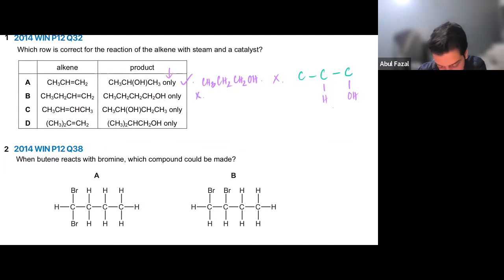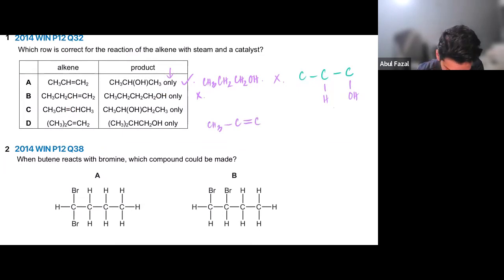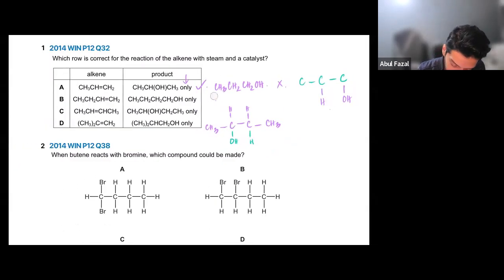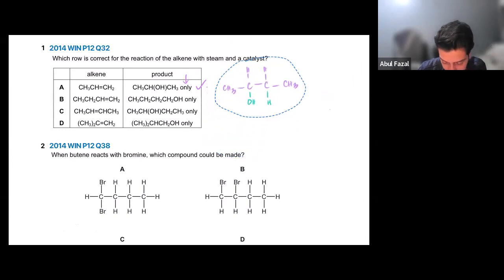C is interesting. It's pretty cool to look at C, which is CH3, C double bond, CH3, and an H over here, and an H over here. So let's say we put the OH in the first one, and the H over here. This is the molecule.